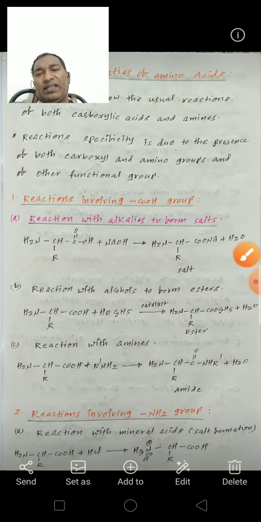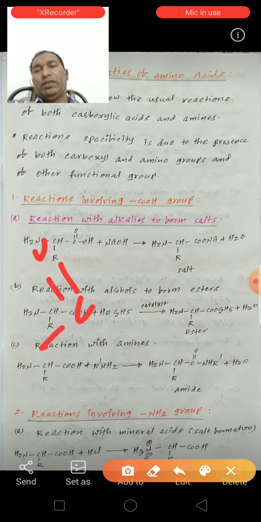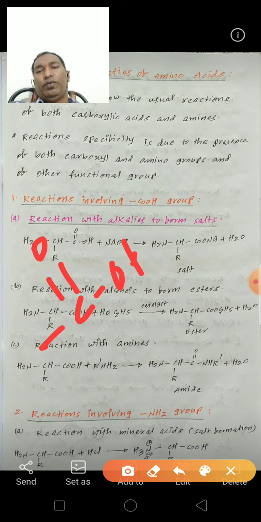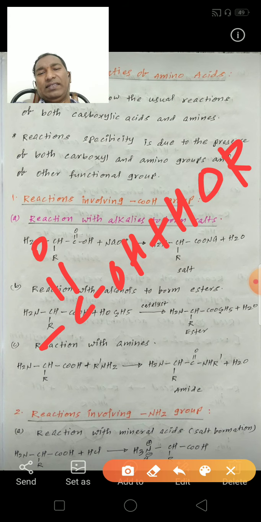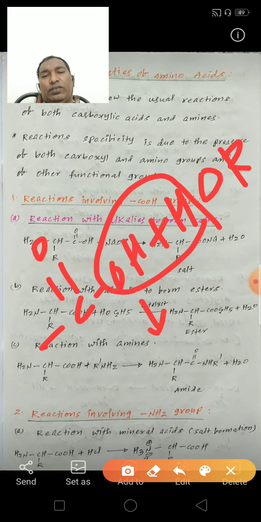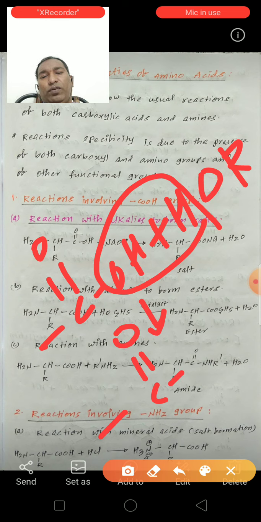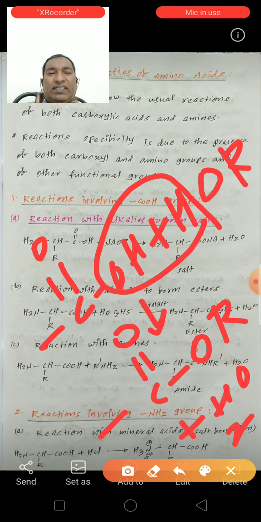See the general reaction of ester: C double bond O, OH, this is the acid, and HO, this is the alcohol. When they react, they form an ester. The general formula of ester is COOR plus a water molecule.